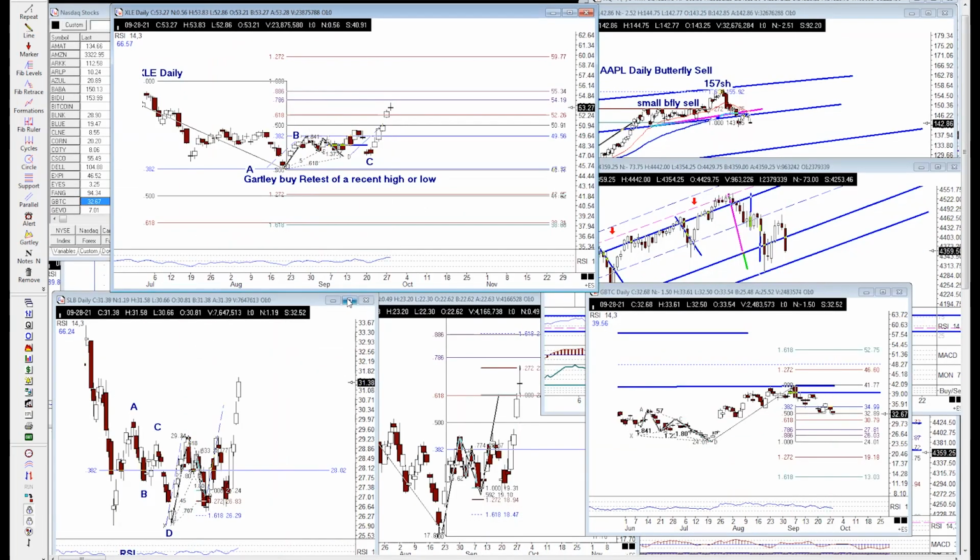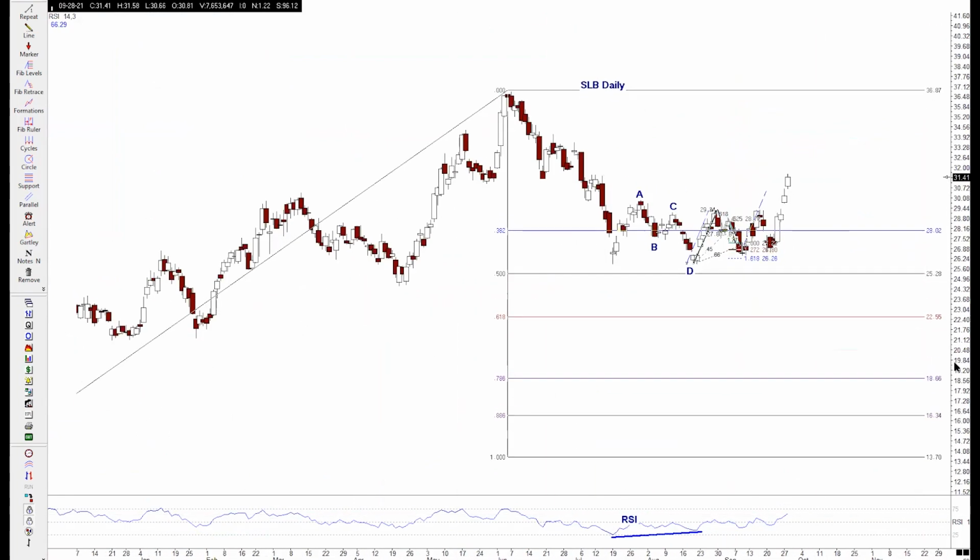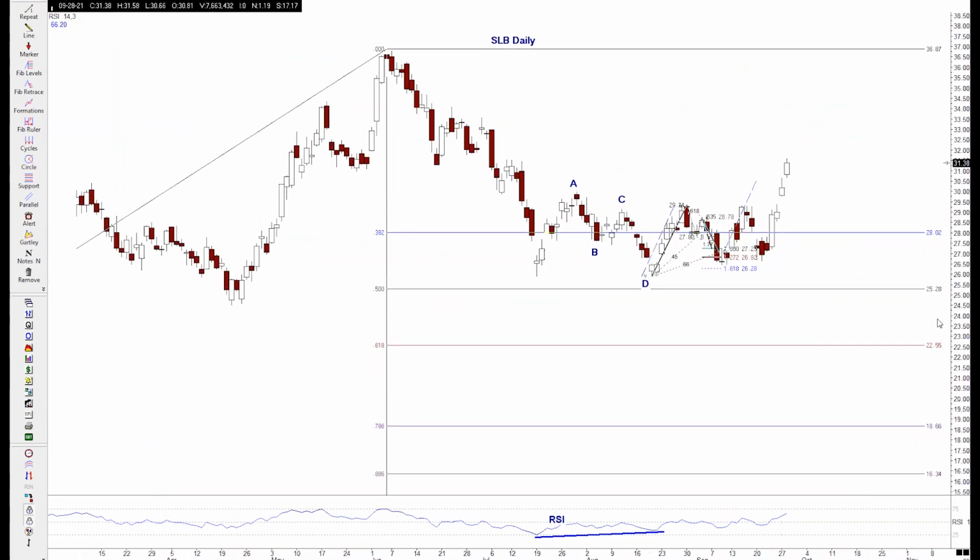Let's take a look at Schlumberger now. So very similar on Schlumberger, SLB. See here, the completion on this pattern, it skidded just kind of below where the actual completion is. But traders, of course, always use stop losses, and the stop losses would have been placed below this swing right here.